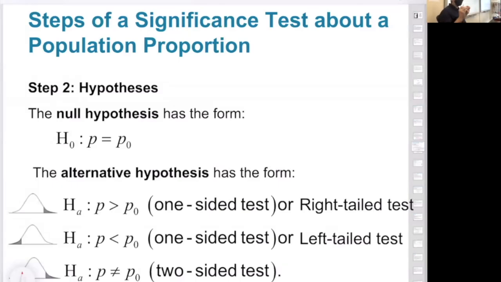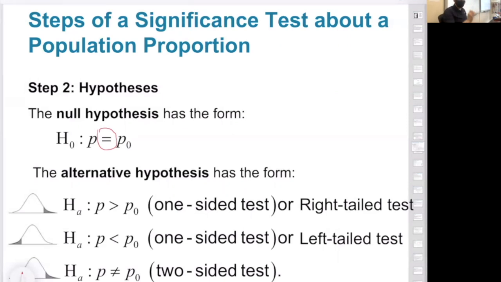Something about the hypotheses. As I said to you, the null hypothesis is always equal to a specific number. Always, H naught, the null hypothesis, has equal.